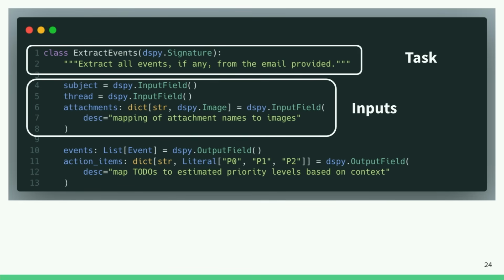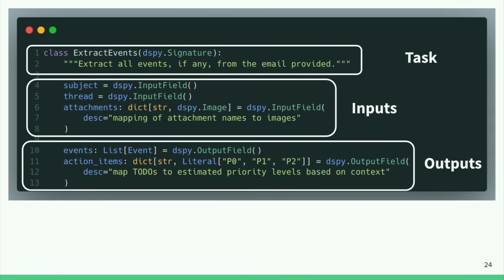You describe the inputs, and you can actually also give them types. So you can say here, I have a subject, I have a thread, or an email thread, and I have a bunch of attachments, which is just a mapping from strings to images. Let's say these attachments are images, and I want you, the LLM, to give me a bunch of outputs.